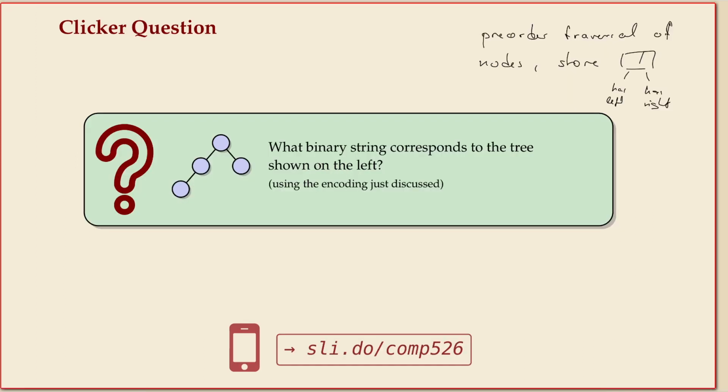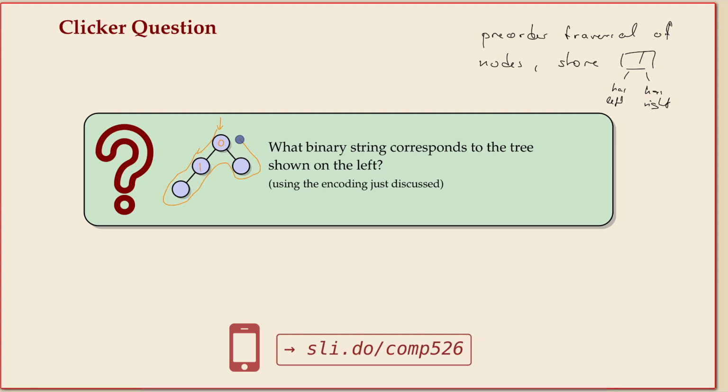Let's revisit this question. I don't want to drag it out longer than necessary, so let me just show your answers. The pre-order traversal starts with this node, then moves left. This is the first time we hit this.